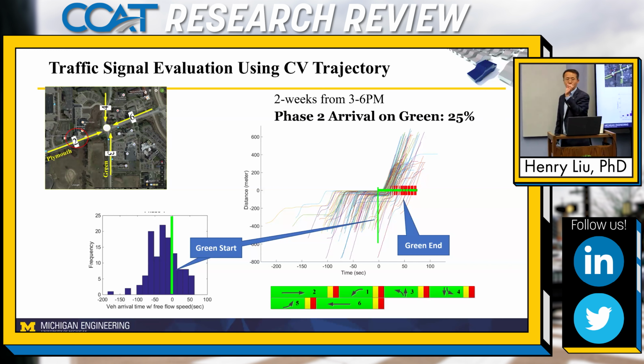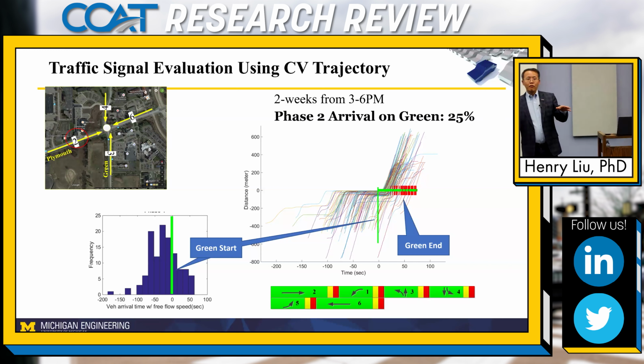And because this is phase 2, the major through movement phase in the afternoon, supposedly this movement has priority. So we should favor this movement, give it priority so that they get coordination. Okay? And as a traffic engineer, this might be a question I'd ask you.